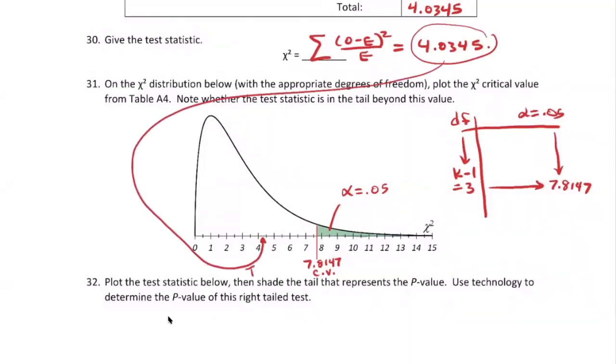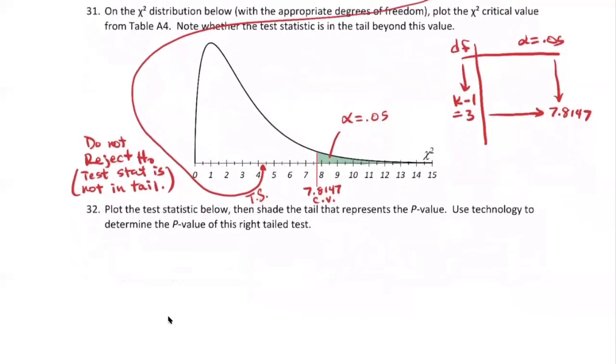That's the test stat. So we will not be rejecting the null hypothesis. You can say it here: do not reject the null hypothesis, because the test stat is not in the tail, which begins at 7.8147, our critical value.